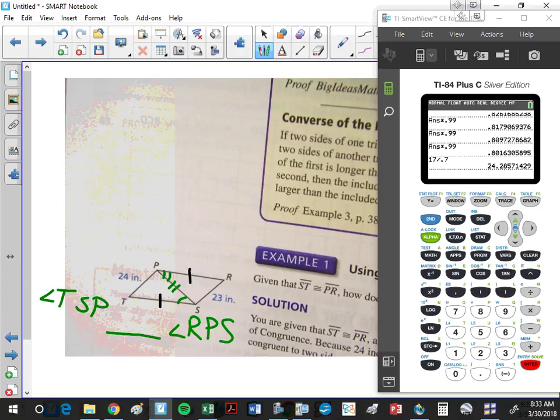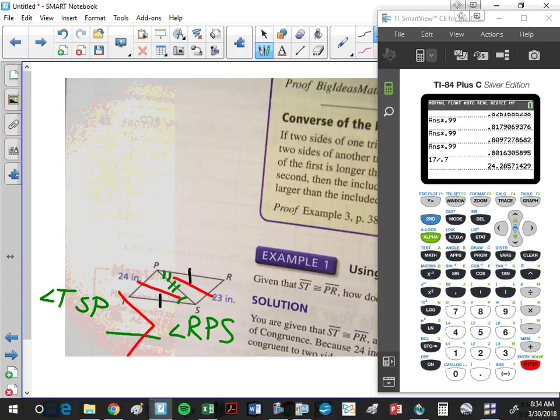TSP has to be bigger. Why? It's opposite the larger side. 24 is bigger than 23. So if I match those sides with the angle, this side matches up with that angle, and it's 24, and this side matches up with that angle, and it's 23. So the answer would be greater than.